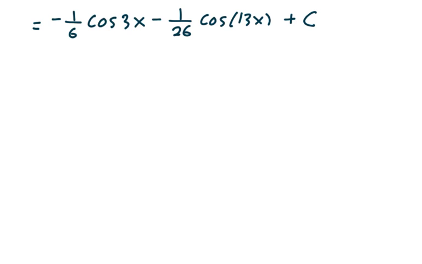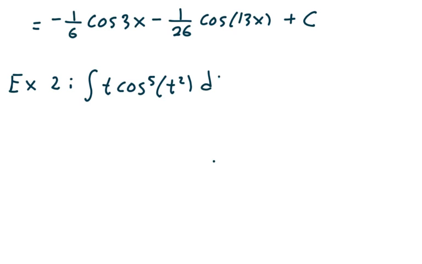Example 2. Suppose I give you the integral of t cosine to the 5th of t squared dt. Now, we're going to simplify this a little bit by a u substitution.